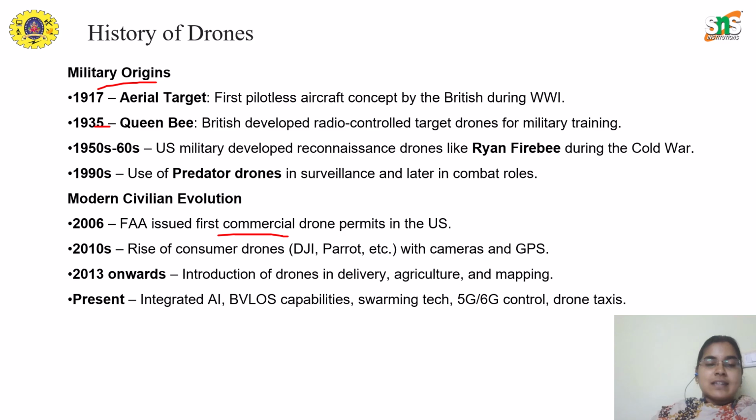In the present day, drones integrate with AI, beyond visual line of sight operations, and 5G and 6G control. We have evolved so much, right? Starting from military bases, where no human should be involved in the fight, we have now evolved to multiple applications.